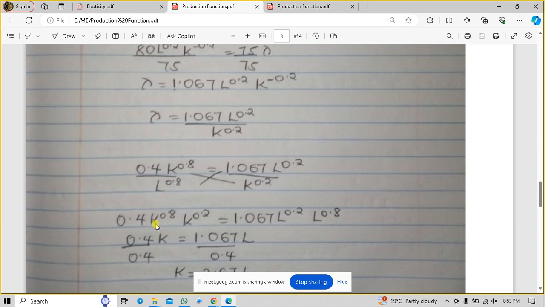So mathematically, when you have k to the power 0.8 and k to the power 0.2 together, you are allowed to add.